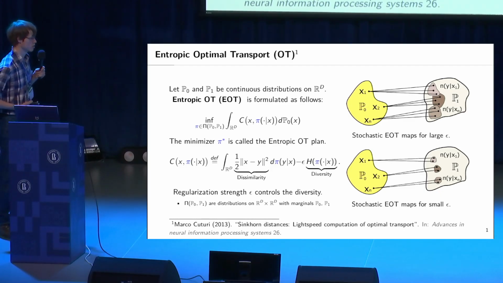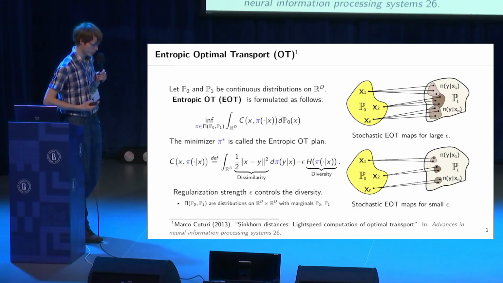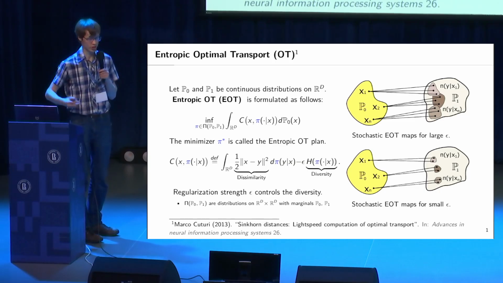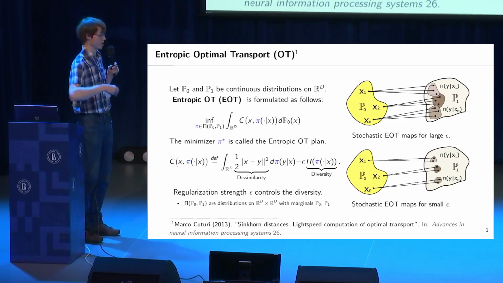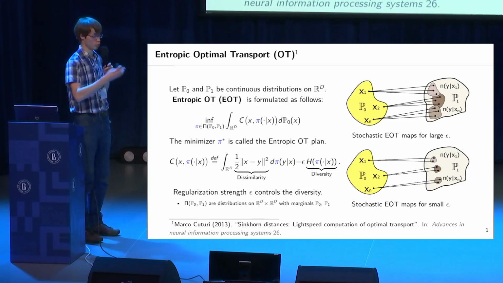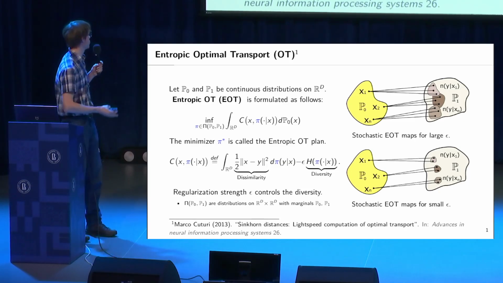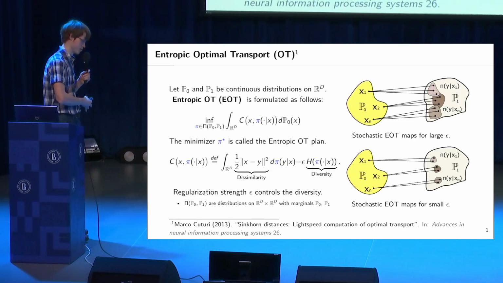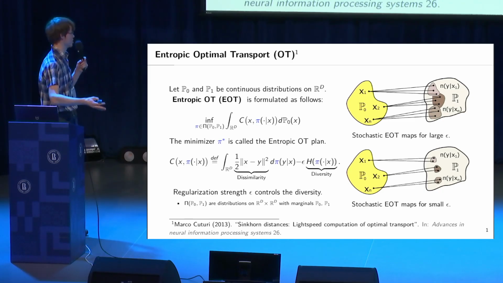This problem can be considered as a relaxation of the well-known optimal transport problem, where we just look for a map which transforms one distribution to the other, while minimizing the quadratic square norm between the input images, or just points from the source and target domains.